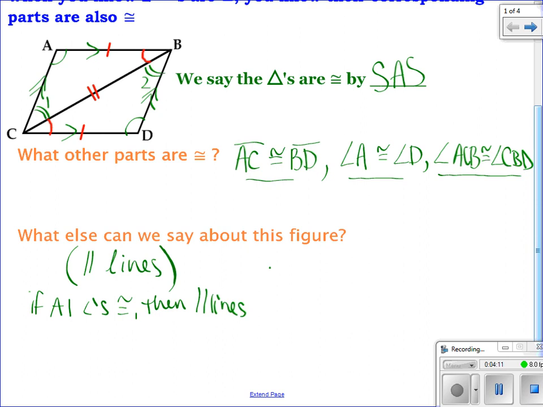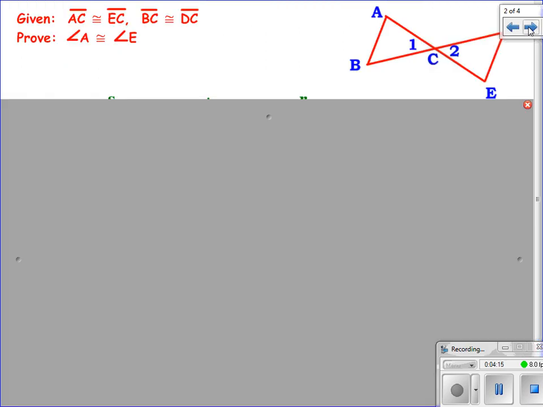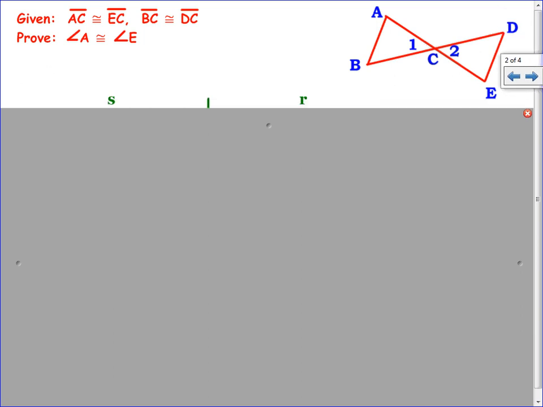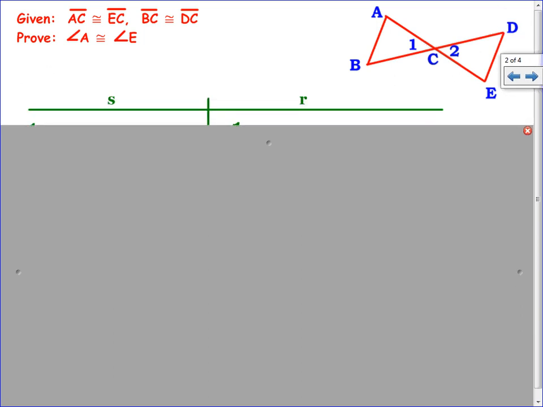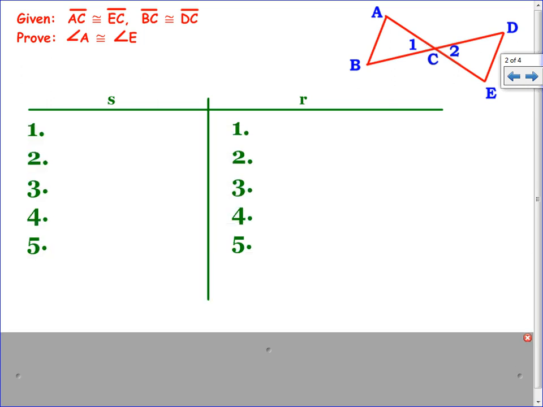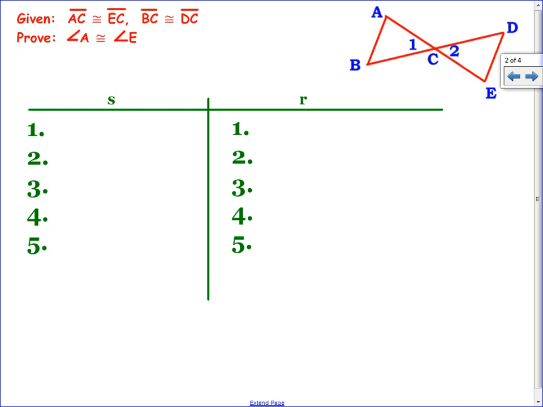All right, let's try a proof so you can see what it looks like. All right, looking at this one right here. Notice in the prove, it's not triangle congruent to triangle anymore. We're trying to prove that a piece of the triangle is equal to another. Okay, what do you think we should do first? Givens. Okay, that hasn't changed.